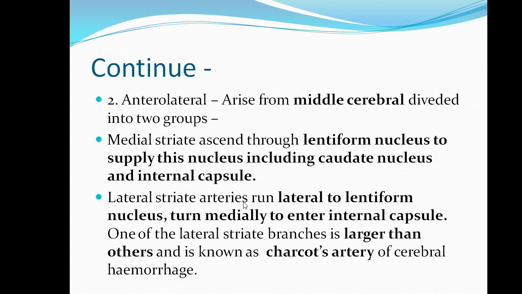The lateral striate arteries run lateral to the lentiform nucleus and turn medially to enter the internal capsule. One of the lateral striate branches is larger than the others, and it is known as Charcot's artery of cerebral hemorrhage.